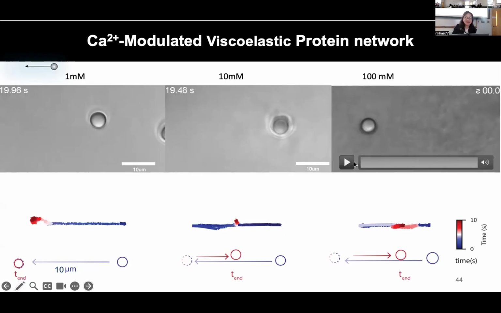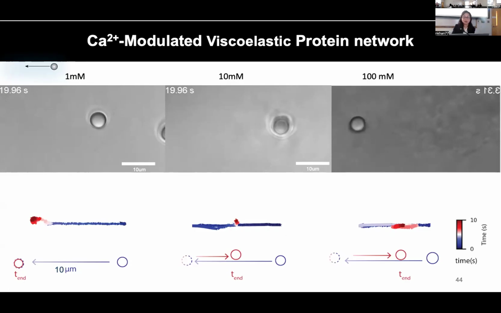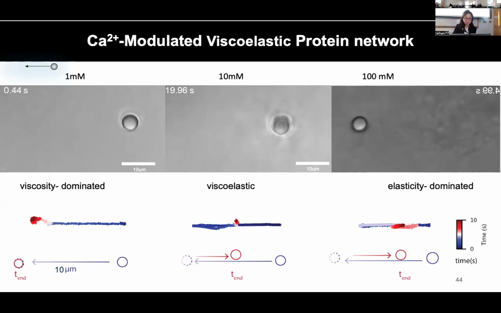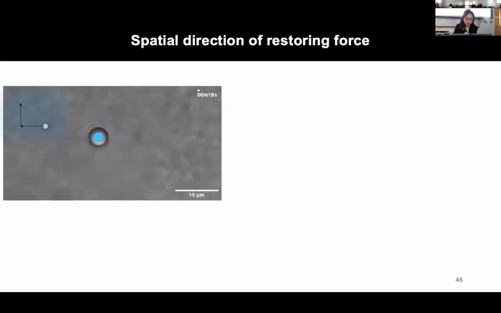And let me play the last video, which is really dense. What you're seeing here is the beads jumping back, not fully to the original place, but really fast and quick. So we're using calcium to control the system from the viscosity-dominant region to the elasticity-dominant region.